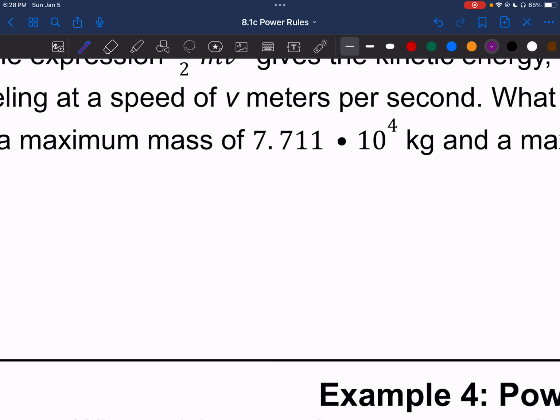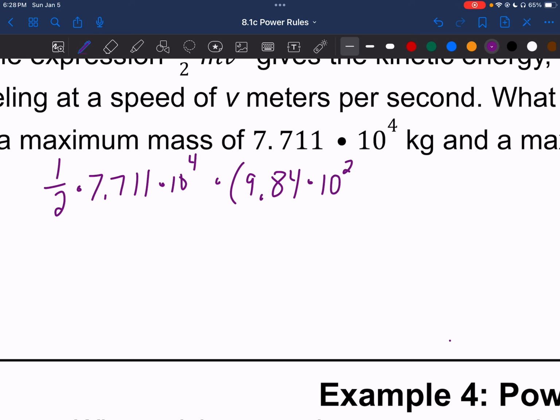So we're going to set this up. We have 1/2 times our mass, 7.711 times 10 to the fourth, times our velocity. We've got 9.84 times 10 to the second power, and that's being squared because velocity is being squared.